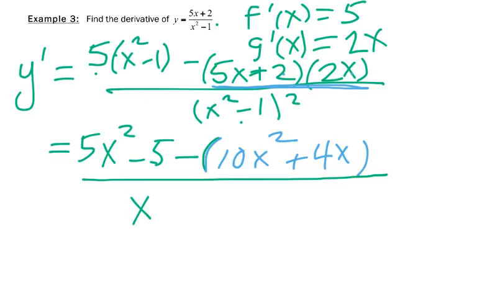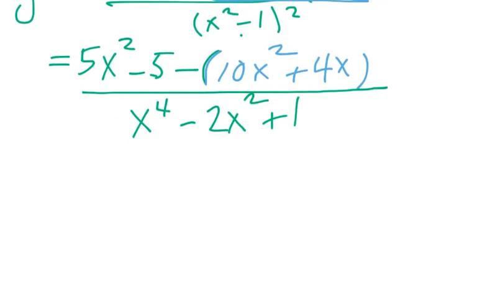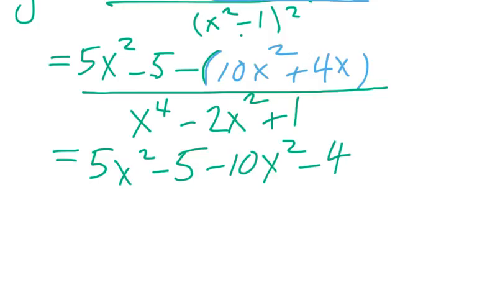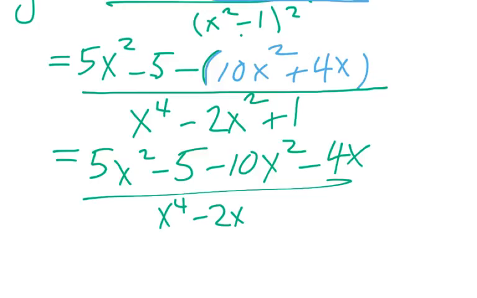You can actually think about multiplying out all the parts. I'm just going to jump to the conclusion. x to the 4th minus 2x squared plus 1. That's one of our binomial patterns. Okay. Moving on, let's simplify this. So we have 5x squared minus 5 minus 10x squared minus 4x all over x to the 4th minus 2x squared plus 1.